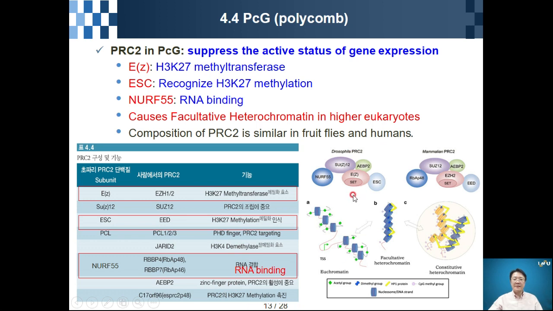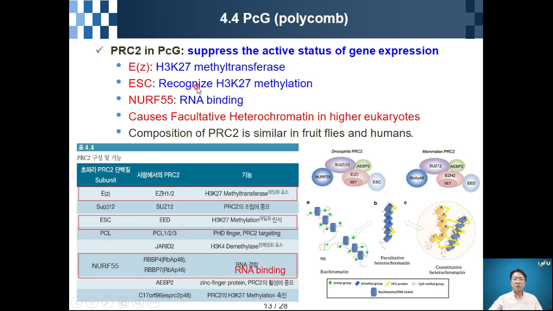The main function of PRC2 is to suppress the active status of gene expression. It can cause facultative heterochromatin in higher eukaryotes. PRC2 is composed of H3K27 methyltransferase, and ESC can recognize H3K27 methylation.